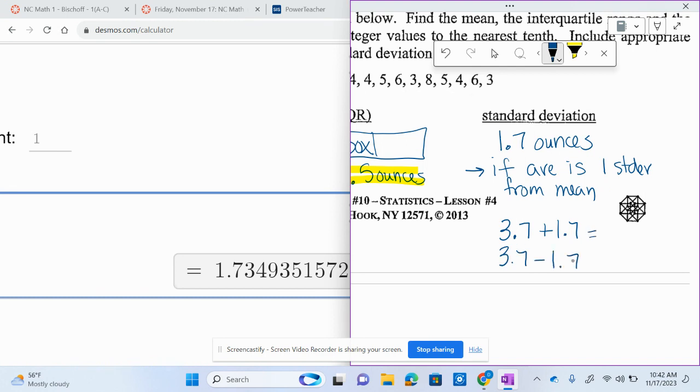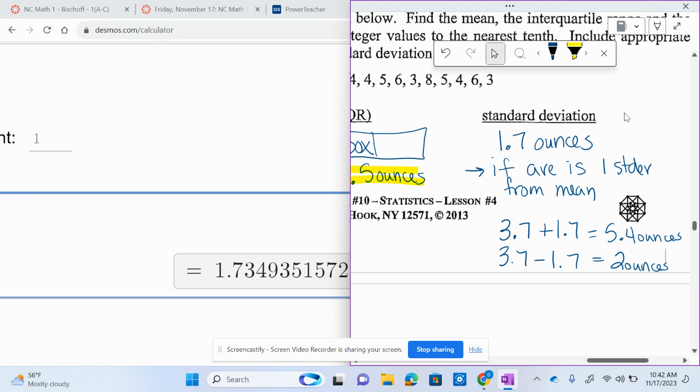So an average 1-week-old baby chick, 1 standard deviation from the mean, weighs between 2 ounces on the small side and 5.4 ounces on the large side. That's how we use a standard deviation.